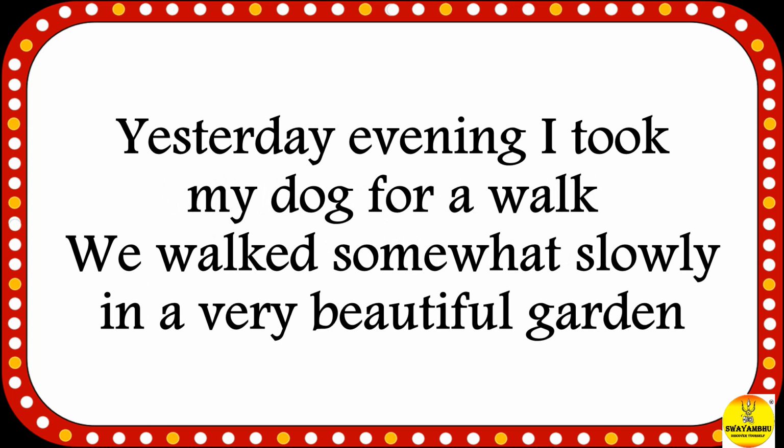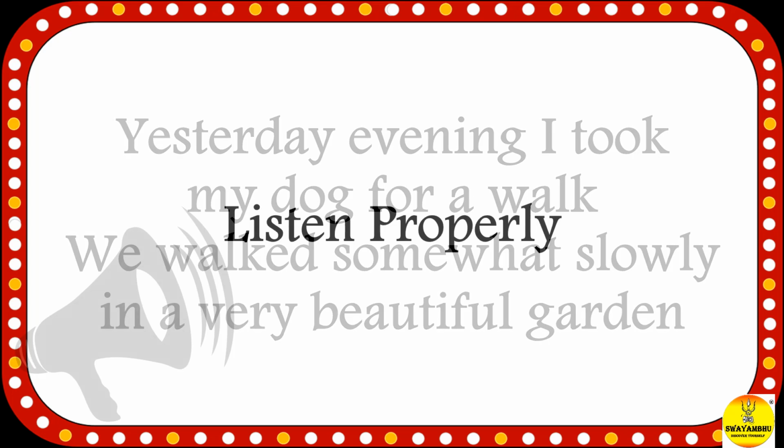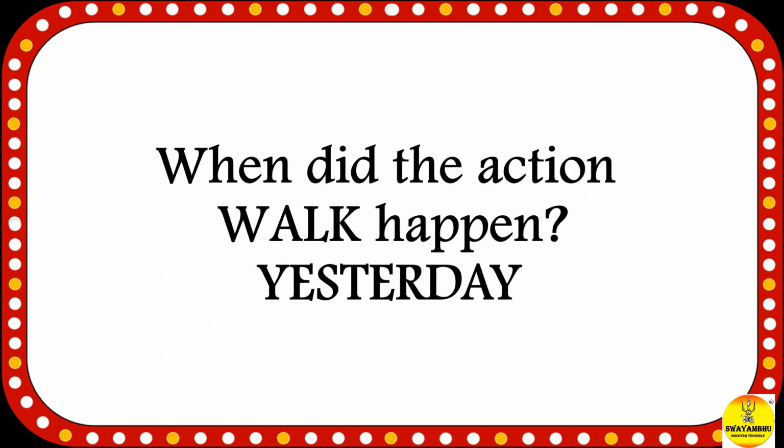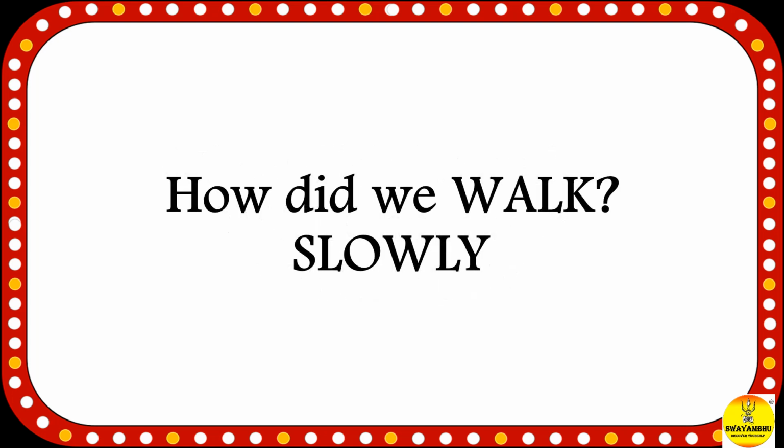Yesterday evening, I took my dog for a walk. We walked somewhat slowly in a very beautiful garden. Now listen to this properly. When did the action walk happen? Yesterday. How did we walk?